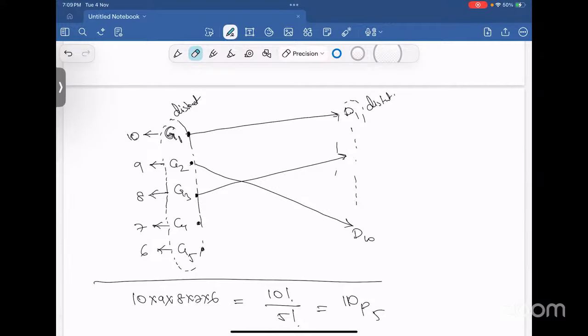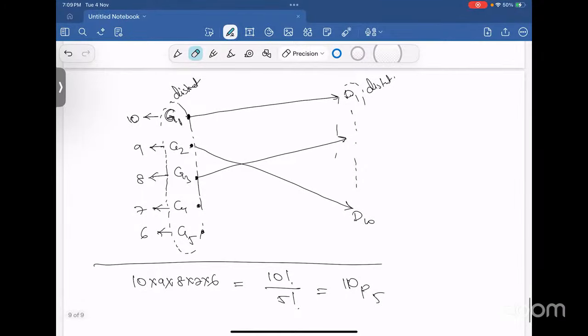So that's it. We didn't mention that G1 should be wrapped first, or that G5 should be wrapped first, then G4, then G3, then G2, then G1. So we never mentioned it in that way. You can wrap any of the gifts first.